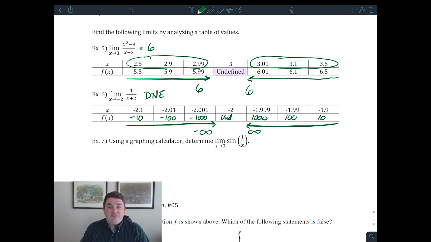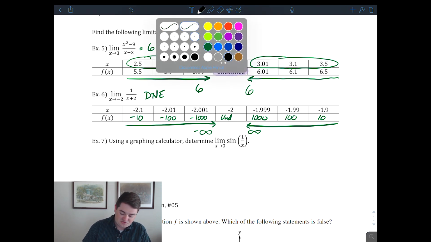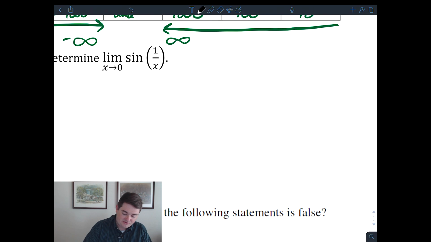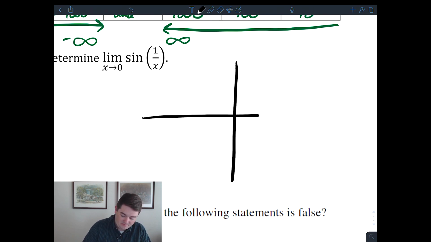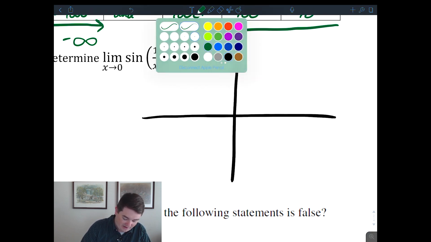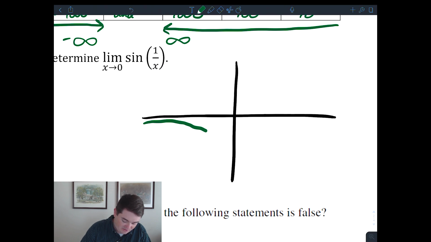Example 7. Using a graphing calculator, determine the limit as x approaches 0 of sine of 1 over x. So the first thing we're going to want to do is draw this graph so we can see what it looks like. It's kind of a weird graph because right around the origin, it bounces up and down really, really fast.